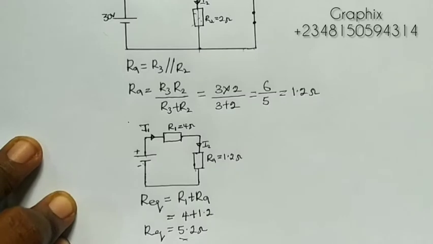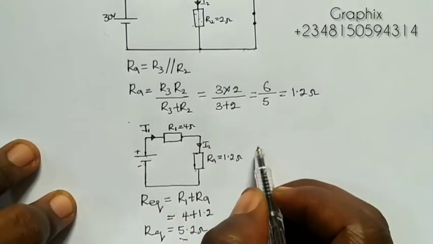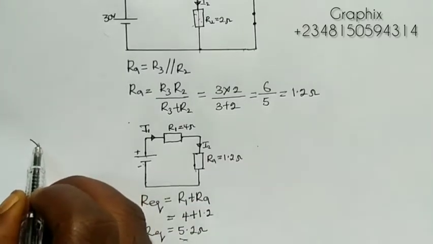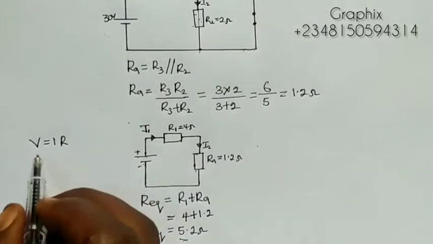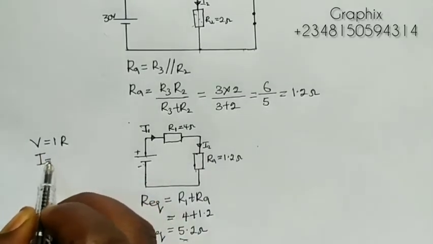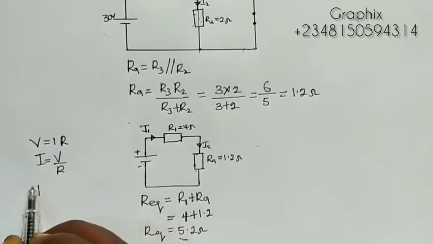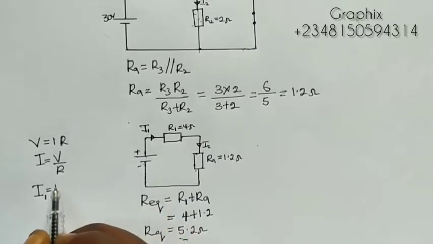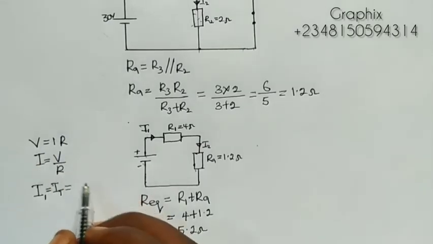So now we've done this, we need to calculate the total current. According to Ohm's law, V is equal to IR, right? So our I will be equal to V over R. The I we're talking about here is this I1, which is also our I total, and that will be equal to V over R. What is the total voltage here?